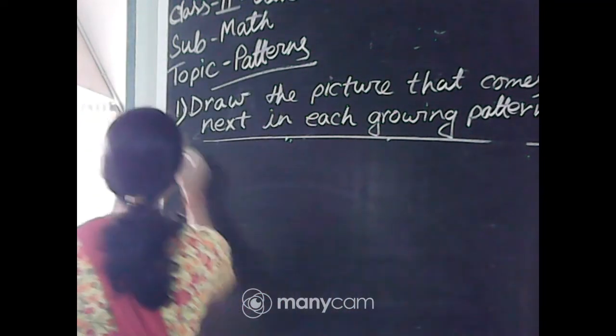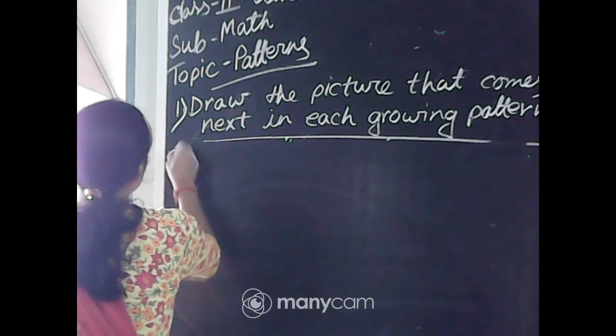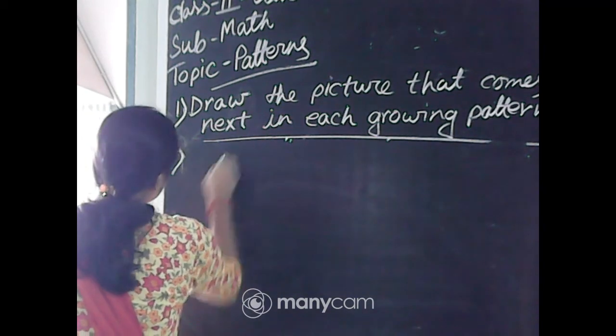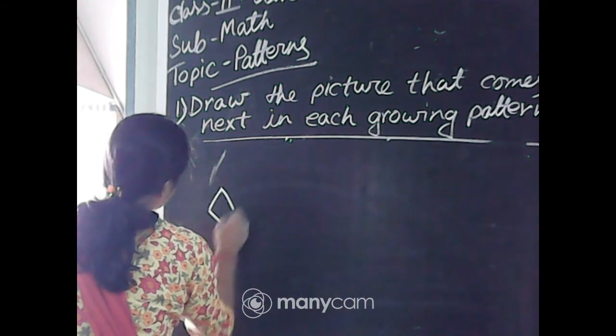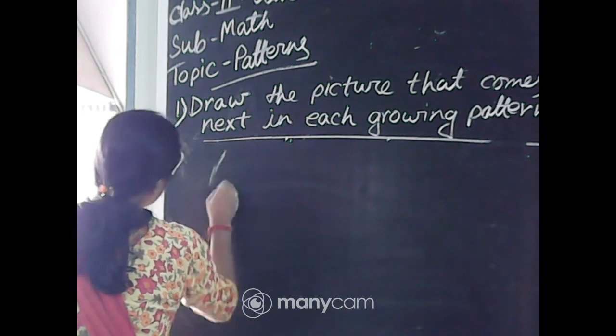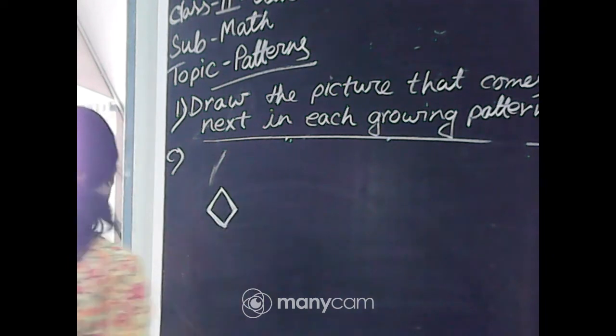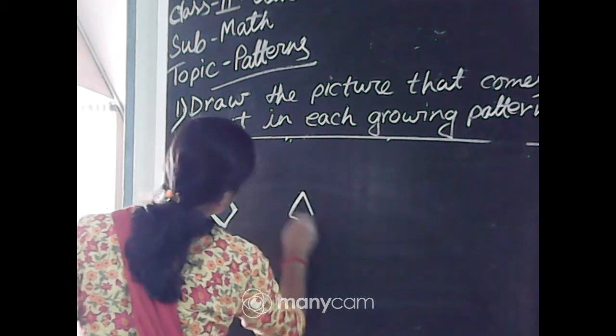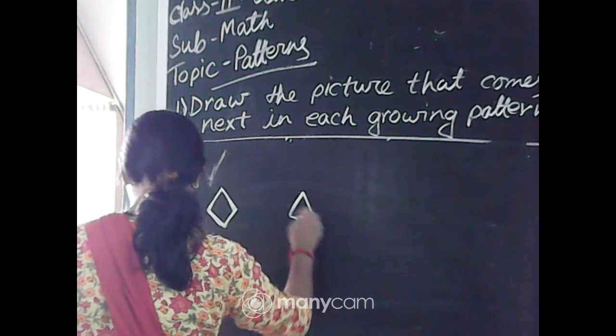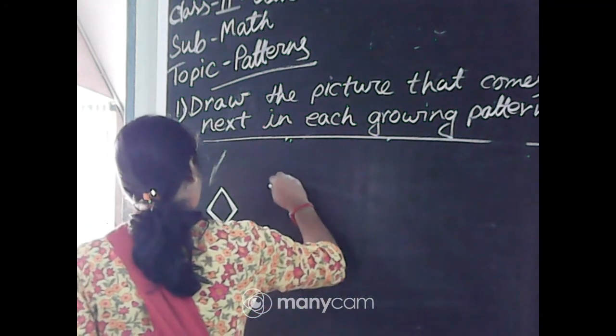Here, this is the pattern number C. Here, like this, diamond shape, okay. And now, in the diamond, to another.